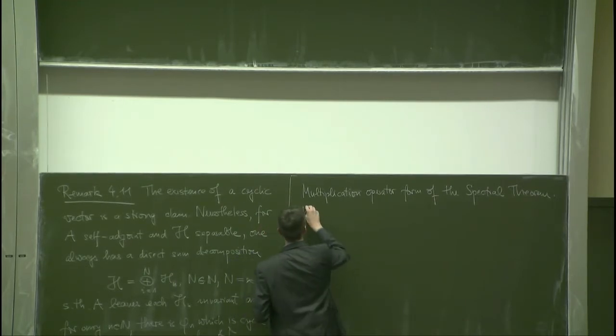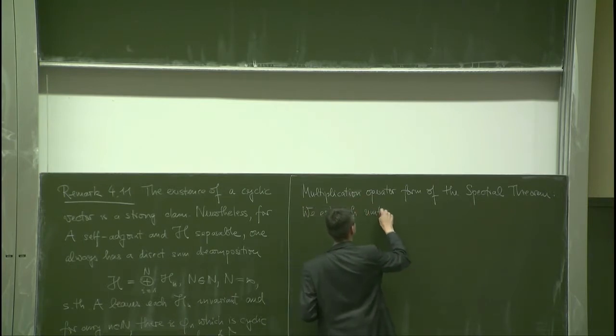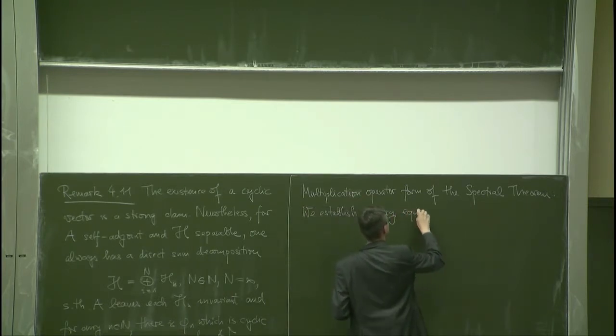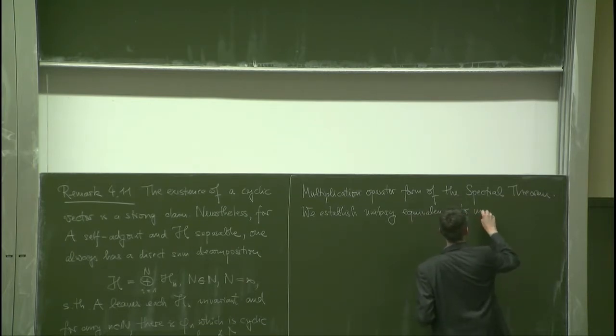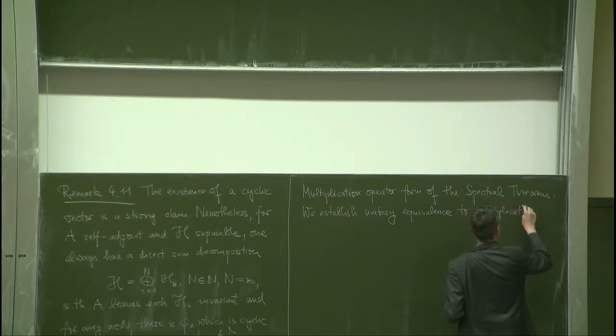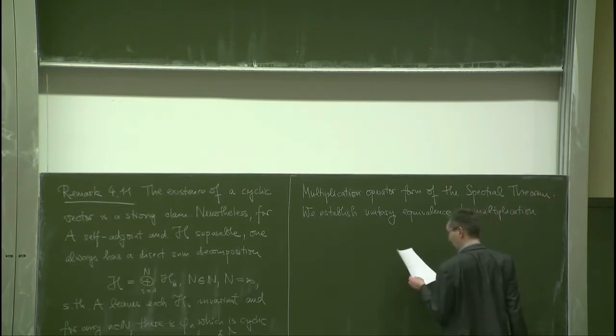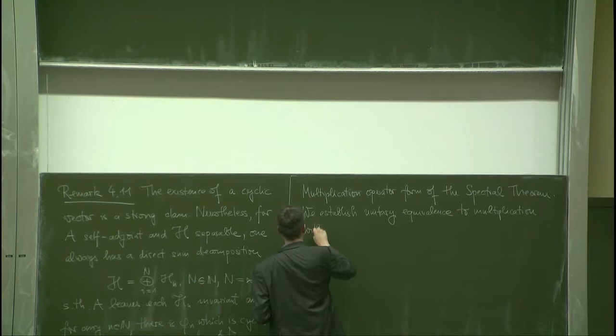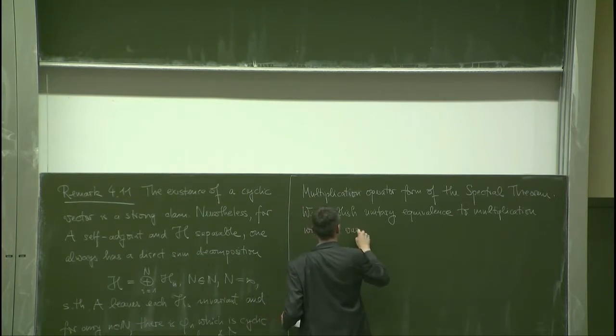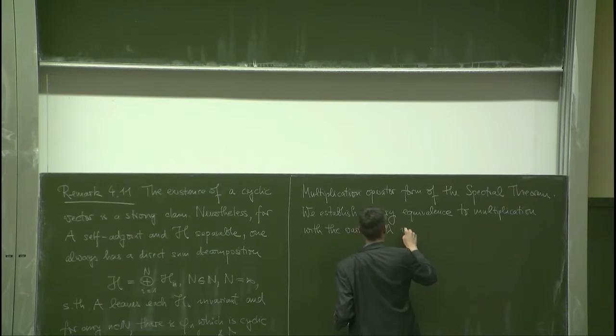So we establish the unitary equivalence of a given self-adjoint operator to multiplication with the variable lambda in a suitable L2 space.